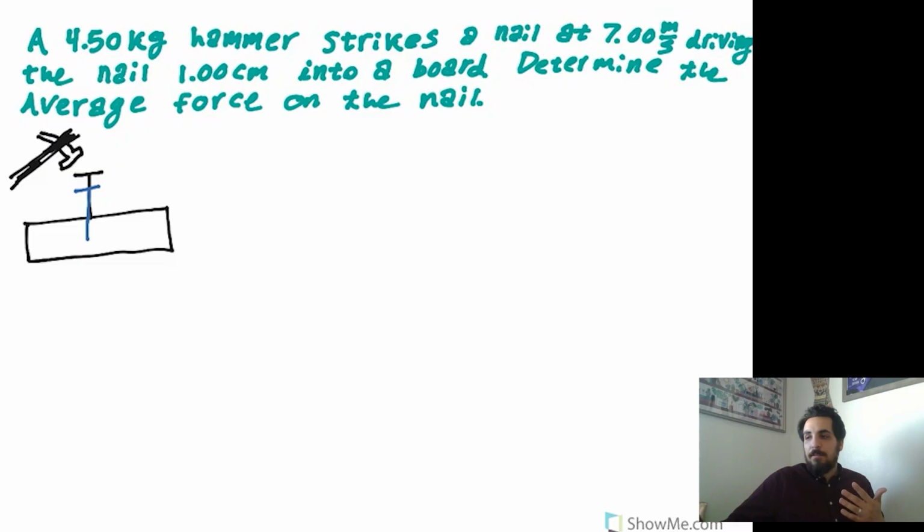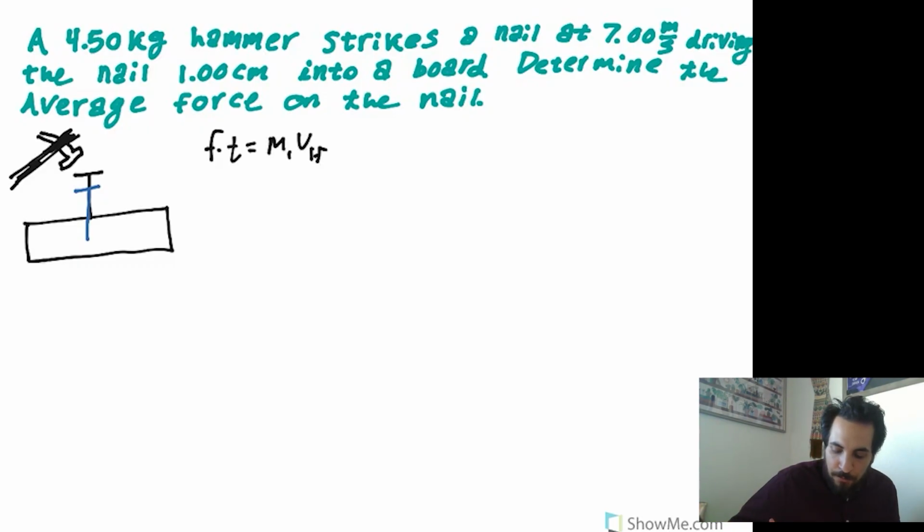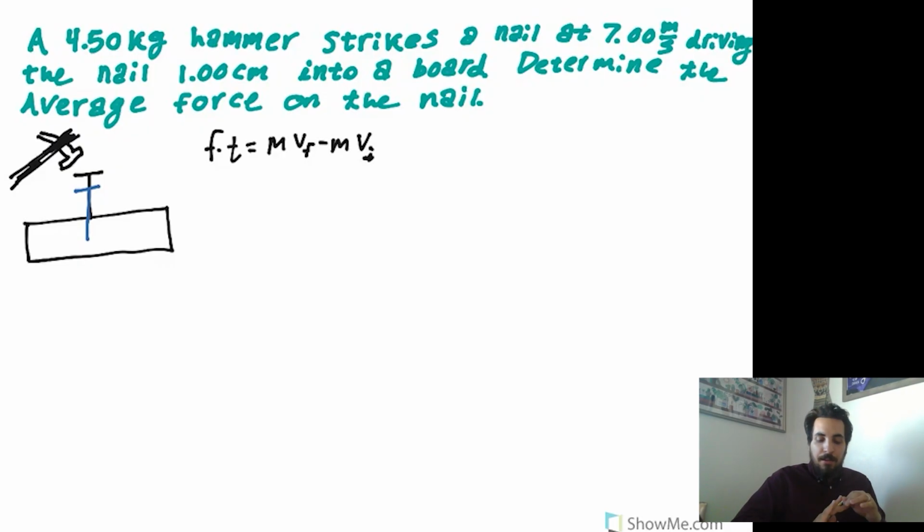And we want to solve this by utilizing that impulse momentum theorem, that force times time is equal to the change in momentum, m v final minus m v initial. The same process we had last time, right?